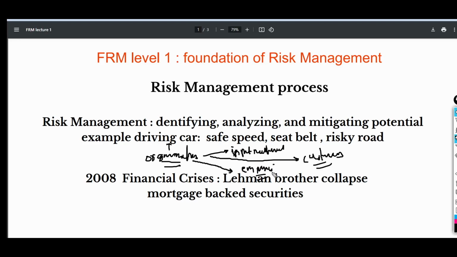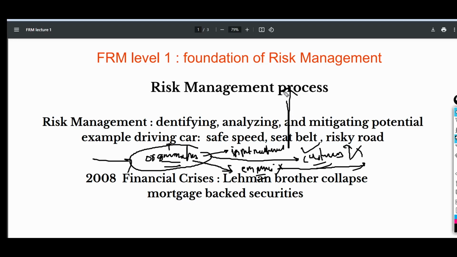If any of these three goes wrong, suppose input material cost is very high, or they are not able to fetch customers, or there is no employee to work for them, everybody is leaving the company and joining some other company, then this company can be in big trouble.